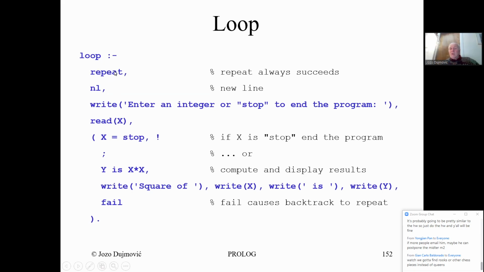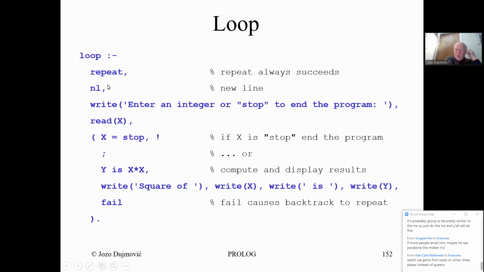So repeat and fail are like two tennis rackets, and the search engine is like a tennis ball going between repeat and fail, and from fail to repeat. So it is practically looping. And this fail is essentially an unconditional jump to the beginning, where inside you have only passive statements. So you have nothing that creates solutions. It is just something that gives passive results.